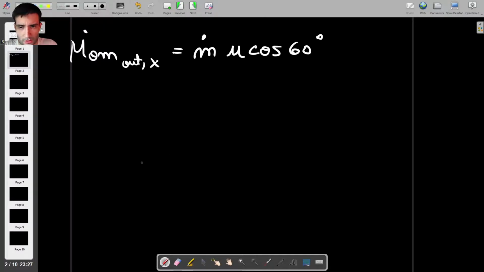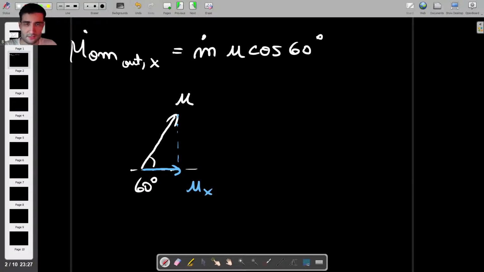We know that the velocity is going at a 60-degree angle, so to find the x component of the u velocity, we just take the cosine of 60 degrees.